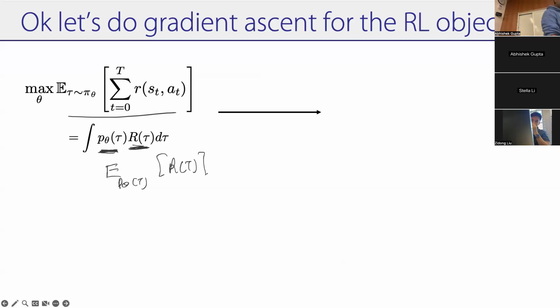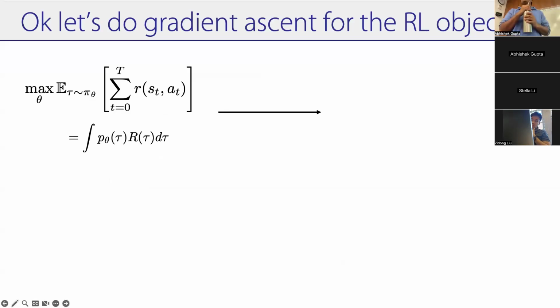So what's the relationship between the reward objective and the most likely action of the expert, from imitation learning? At a surface level, you can think of log pi e star as r.